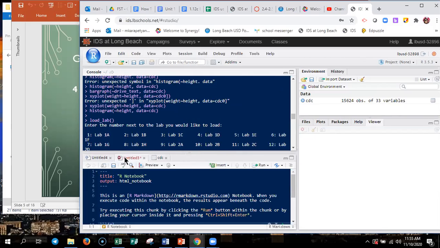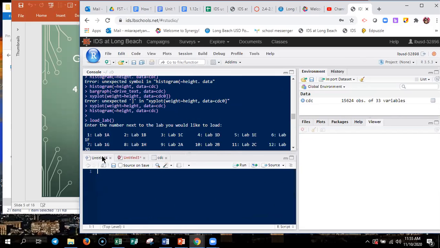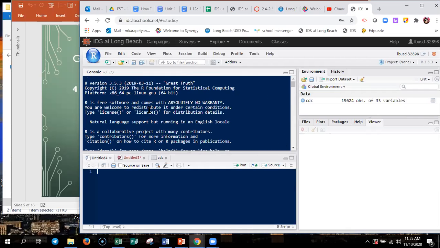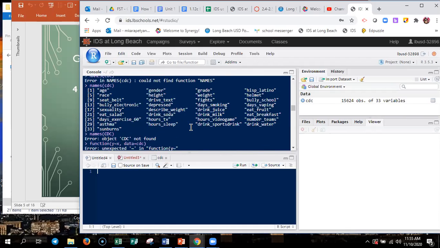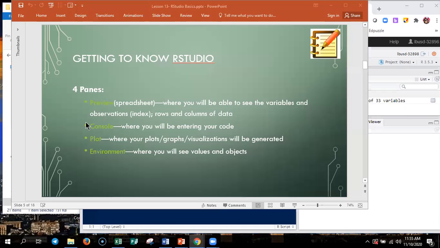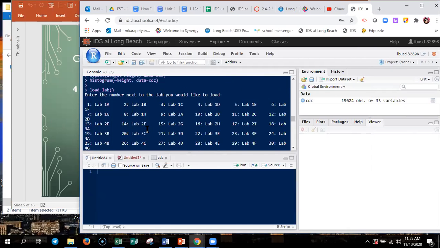So I can actually, and this is some of the work that I've done. This is your preview area. Your console is right up here, or below, depending on where yours is. Your console is where you're going to put your code. This is where you enter your code.